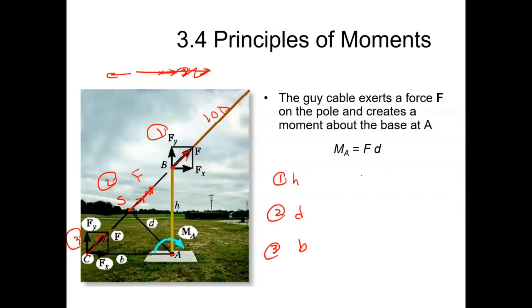If I want to go with the scalar, rotation about A, the scalar is the shortest distance. Who can tell me which one of these three vectors is the shortest distance? Is this H? Is this D? Is this B?